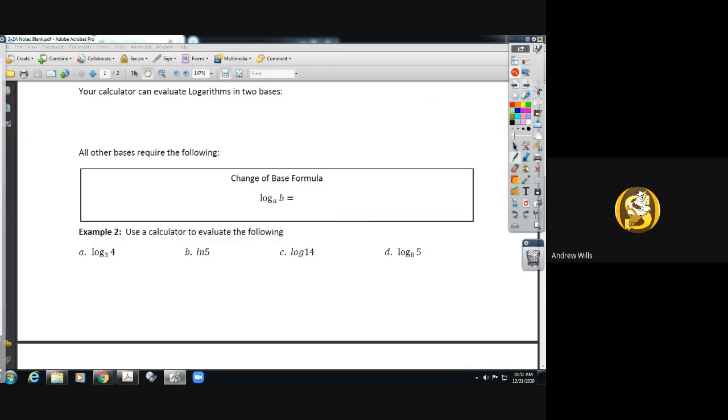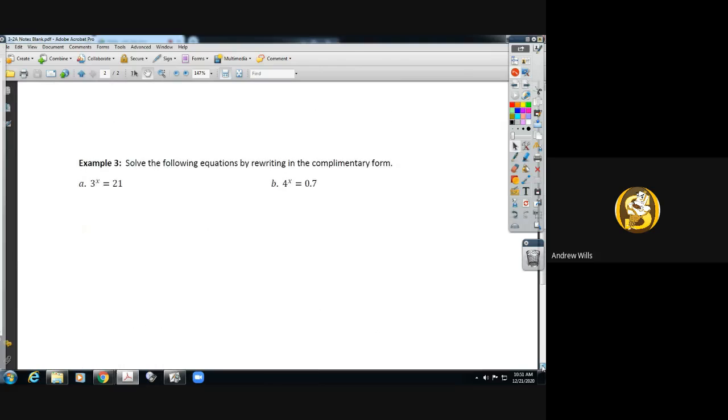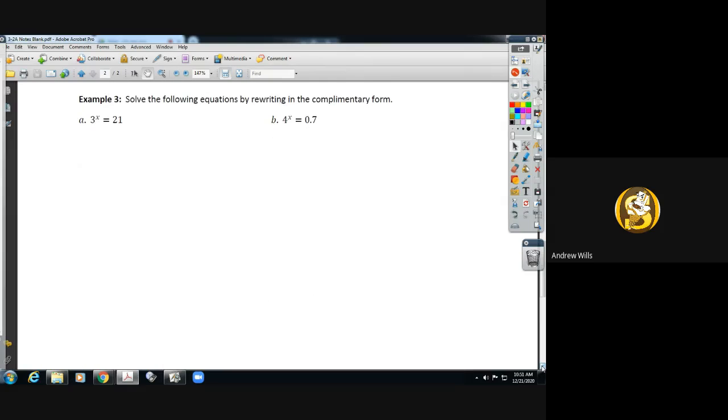The last thing is the same thing we did before, converting between one form and the other, except now these functions are in exponential form, and we are going to be converting them to logarithmic form. So remember that when we have log base b of n equals x, that turns into b to the x equals n.